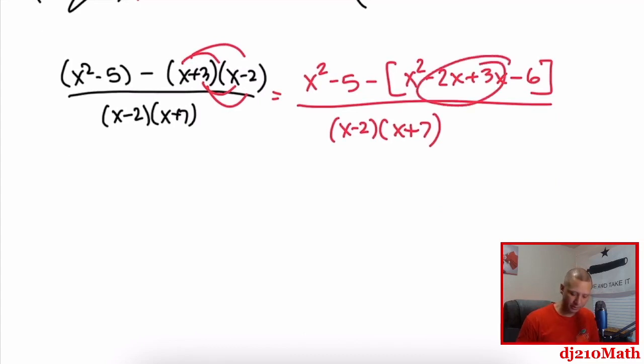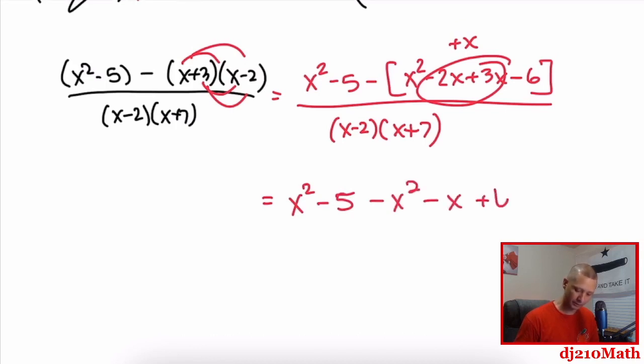So this is going to be just x positive, negative 2 plus 3. So we're going to get x squared minus 5. I'm going to distribute the negative now. So minus x squared minus x plus 6.